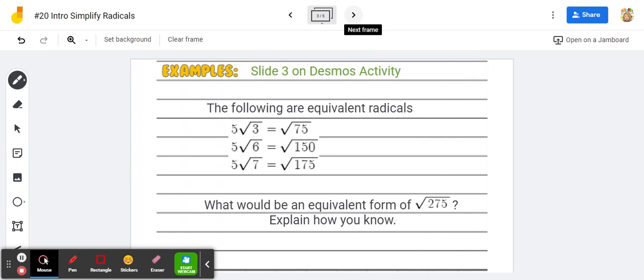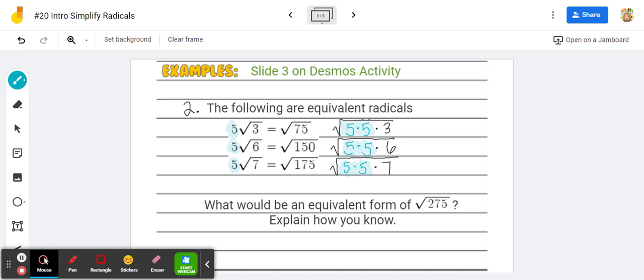All right, example number 2 coming your way. Please write down the following equivalent radicals, those 3, and we're going to talk those out yet again. Notice how all of those had a 5 on the outside of the radical symbol, which meant that we could take 5 times 5 and then multiply by the number under the radical, which was 3, 6, and 7.